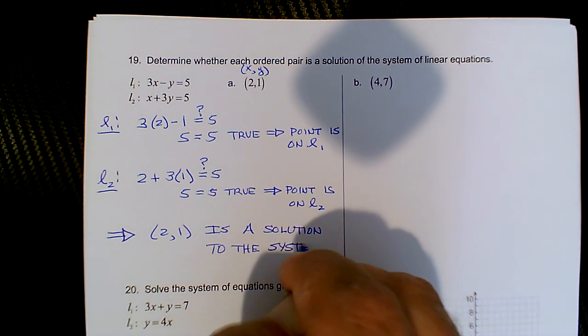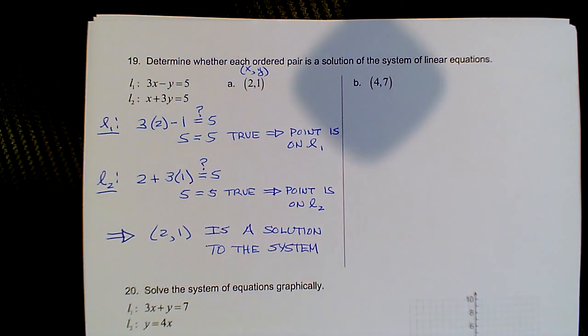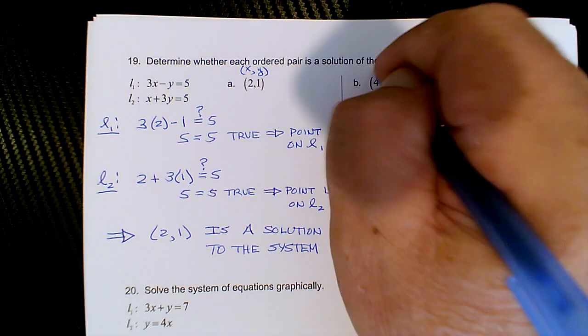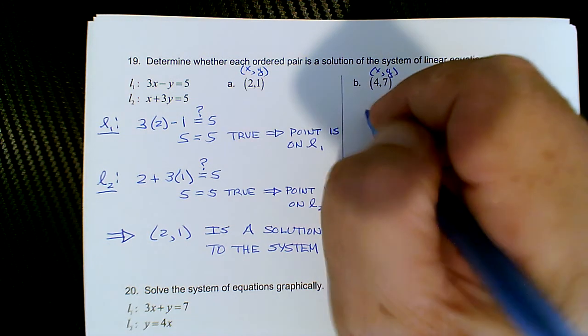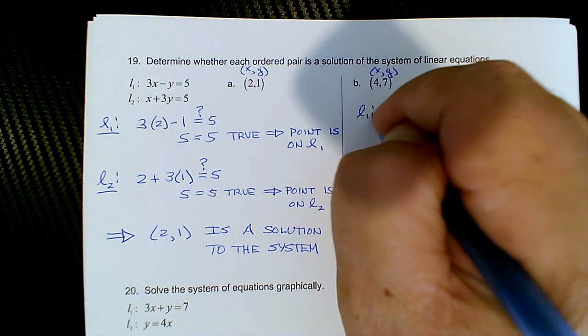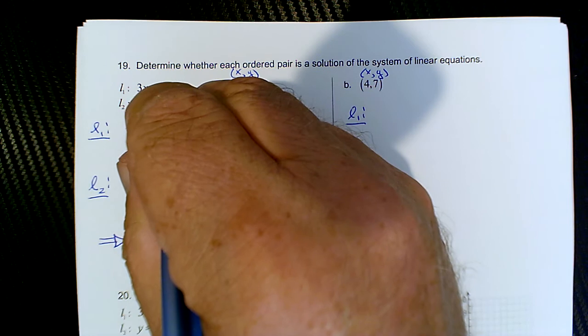Okay, so final question, solve graphically. You can graph these any way you like. First, let's consider L1, which is 3x plus y equals 7.